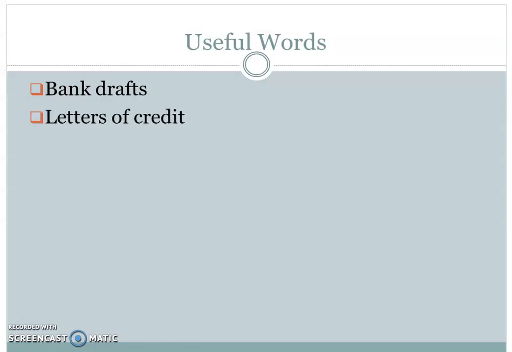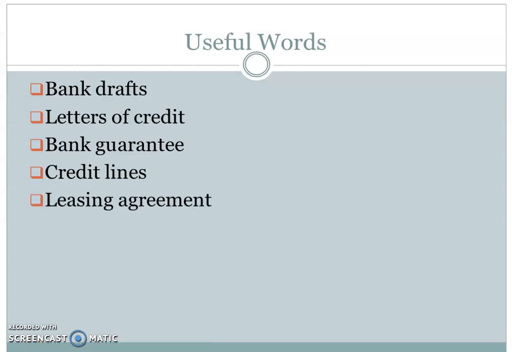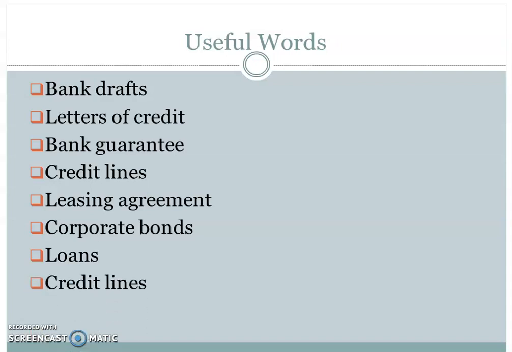We have letters of credit, bank guarantee, credit lines, leasing agreement, corporate bonds, loans, credit lines. Oh, two credit lines, sorry, and leasing.